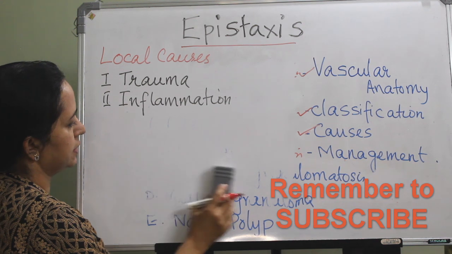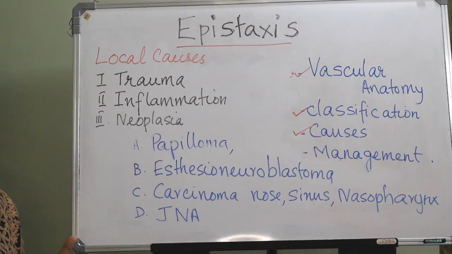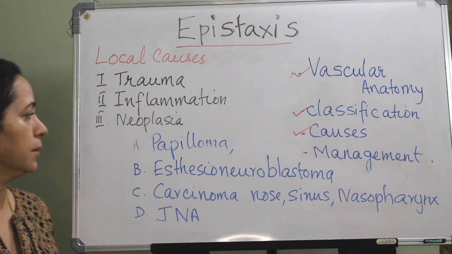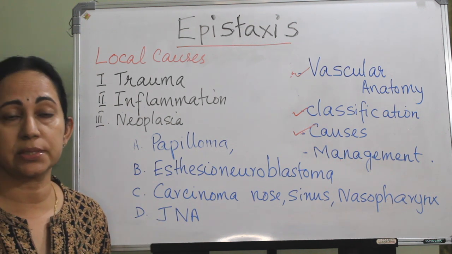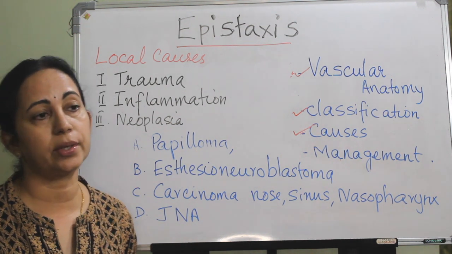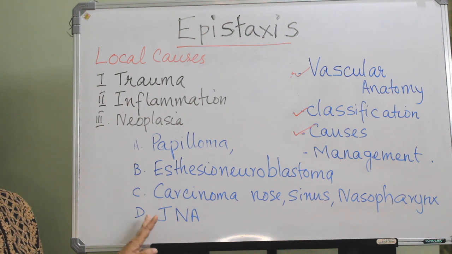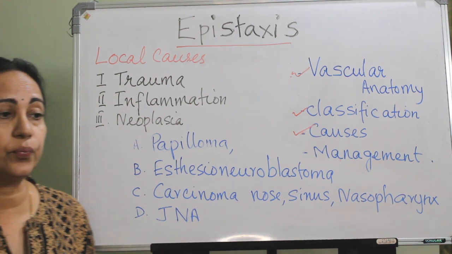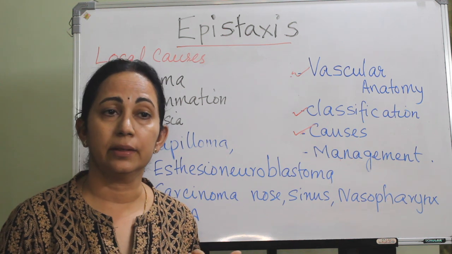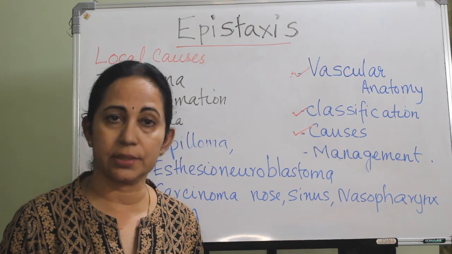Next is neoplasms. Neoplasms can be both benign and malignant, mainly papilloma, esthesioneuroblastoma, carcinoma of nose, sinuses or nasopharynx, and also juvenile nasopharyngeal angiofibroma, which causes profuse, painless and recurrent bleeding in the adolescent age group.